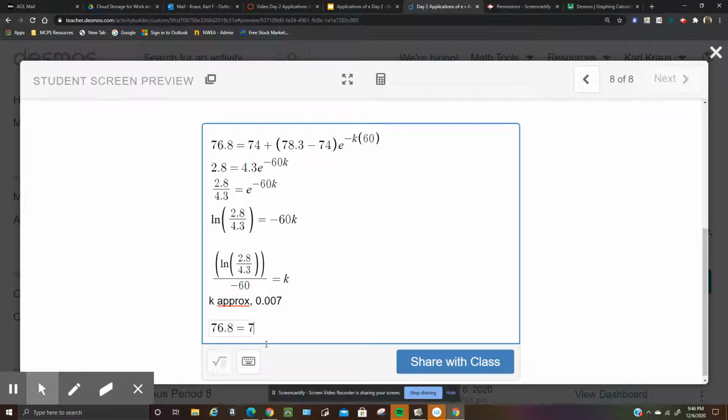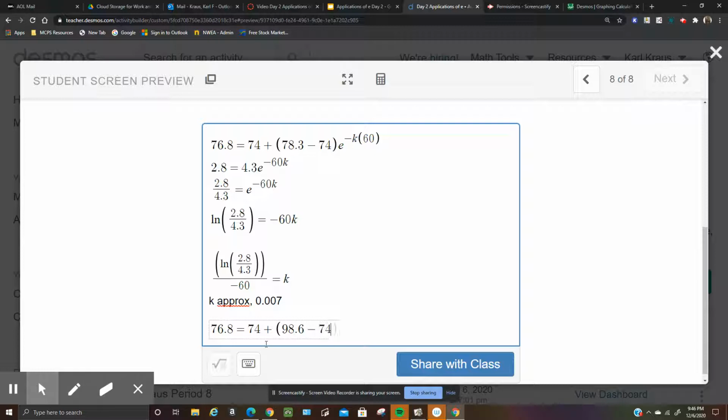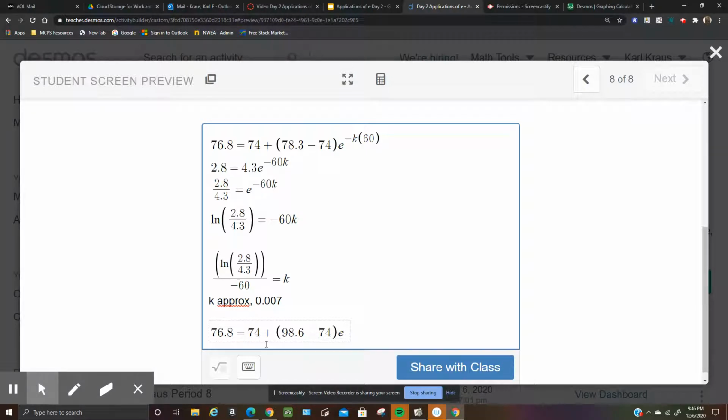And the ambient temperature is 74. The initial temperature of the body before, while someone's living, is 98.6. E and then exponent negative 0.007 T. So here we're trying to find the time.